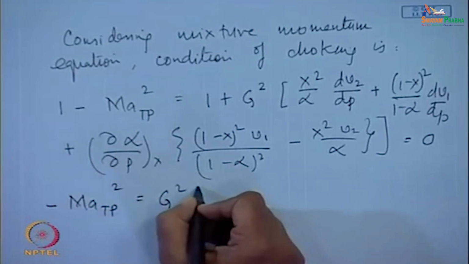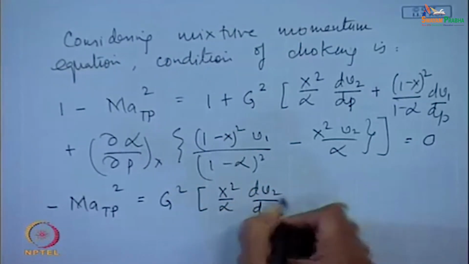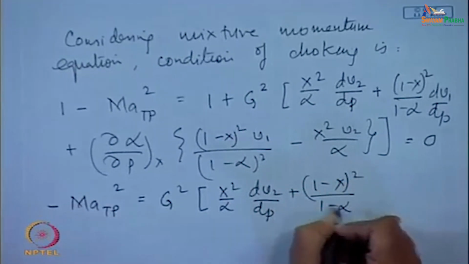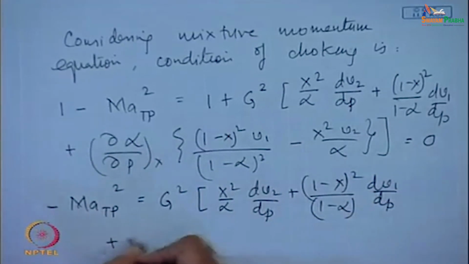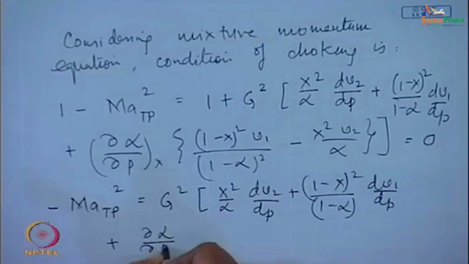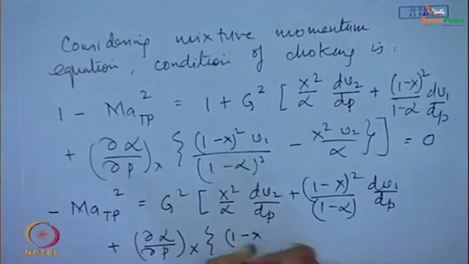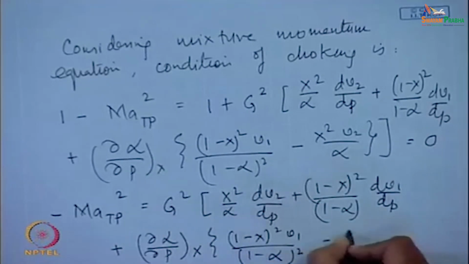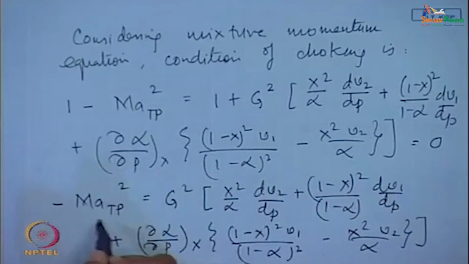This is nothing but G square into x square by alpha dv2 dp plus 1 minus x whole square by 1 minus alpha dv1 dp plus del alpha del p at constant x, times 1 minus x whole square v1 by 1 minus alpha whole square minus x square v2 by alpha. Okay. So, therefore, the two phase Mach number should be the negative of this particular expression.